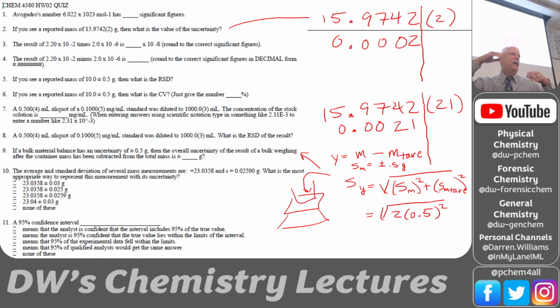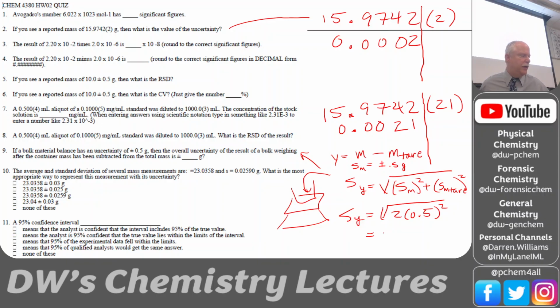So whenever you're taking a burette reading, when it's 0.05 mL, or mass readings, when it's 0.5 grams or 0.0002 grams, or whatever that uncertainty is for your reading, you square it and you double that because you're taking two readings, you're taking differences. So it's always 2 times that uncertainty squared, and then you take the square root. And it should be something like 0.7.